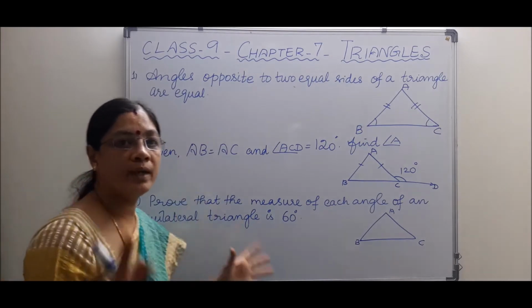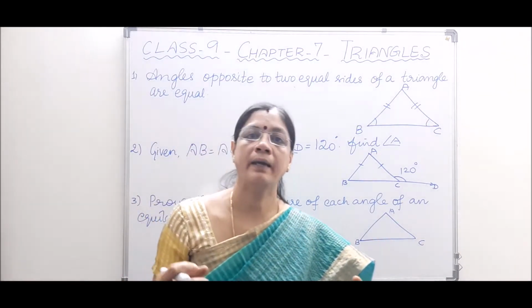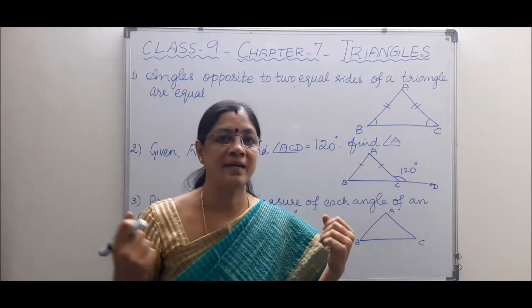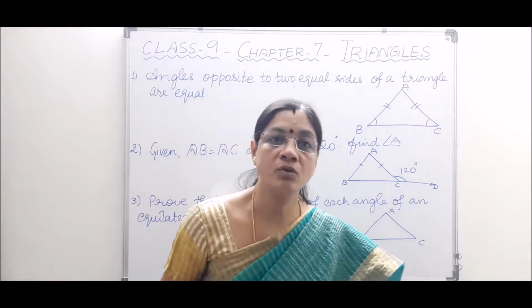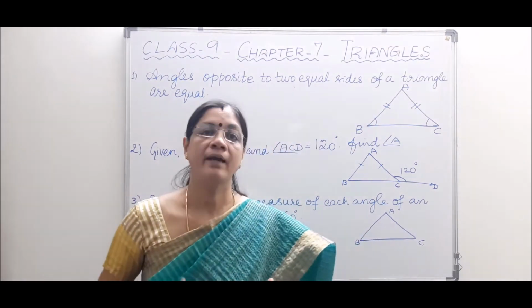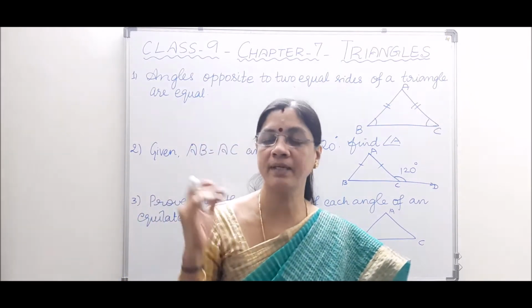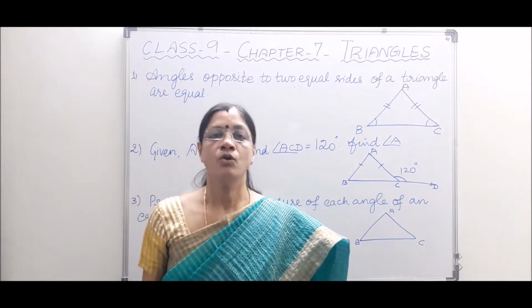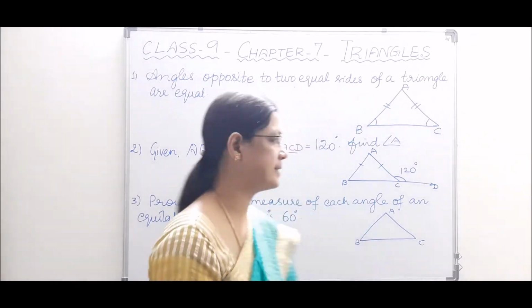We have understood the concepts like angles, sides, two equal sides, and we have also seen concepts like congruency. So I hope you remember the concepts of congruency. Let us apply some of the concepts in this first statement.